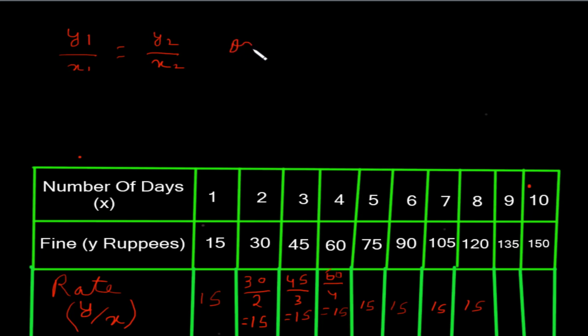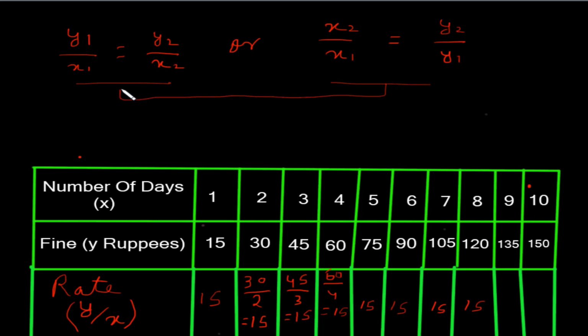You can also write x sub 2 divided by x sub 1 equals y sub 2 divided by y sub 1. This can be obtained by rearranging them, so they are interconvertible. Remember that this side is the ratio.